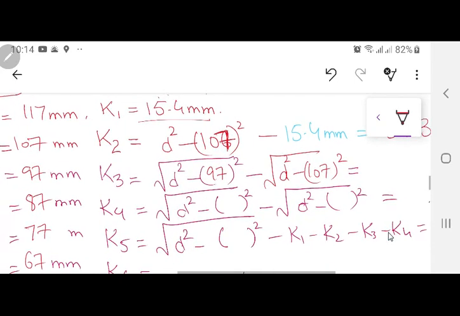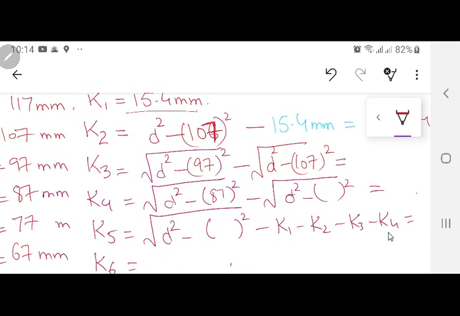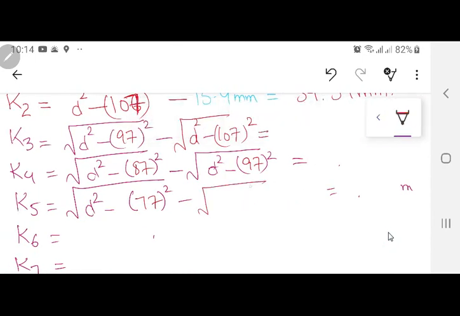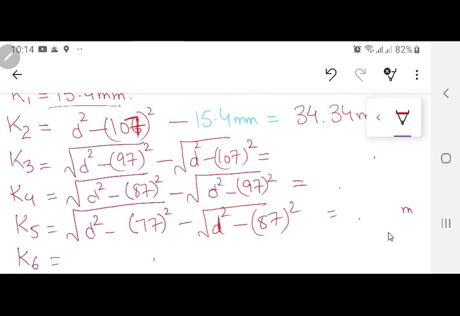D square minus 87 and this will be 97. This will be 77 square minus, you can put, so this will be d square minus 87 whole square. G, K3, K4, K5. Again please. 17 point double.